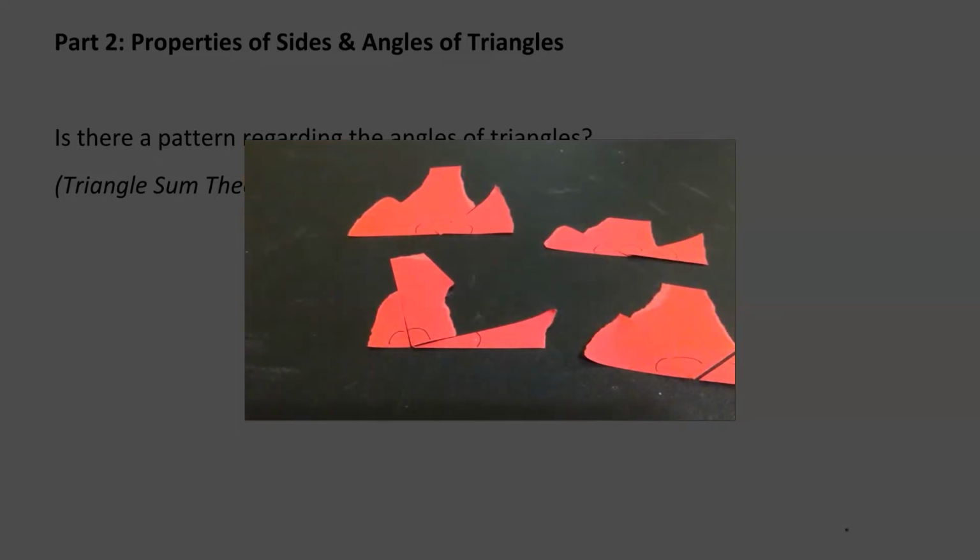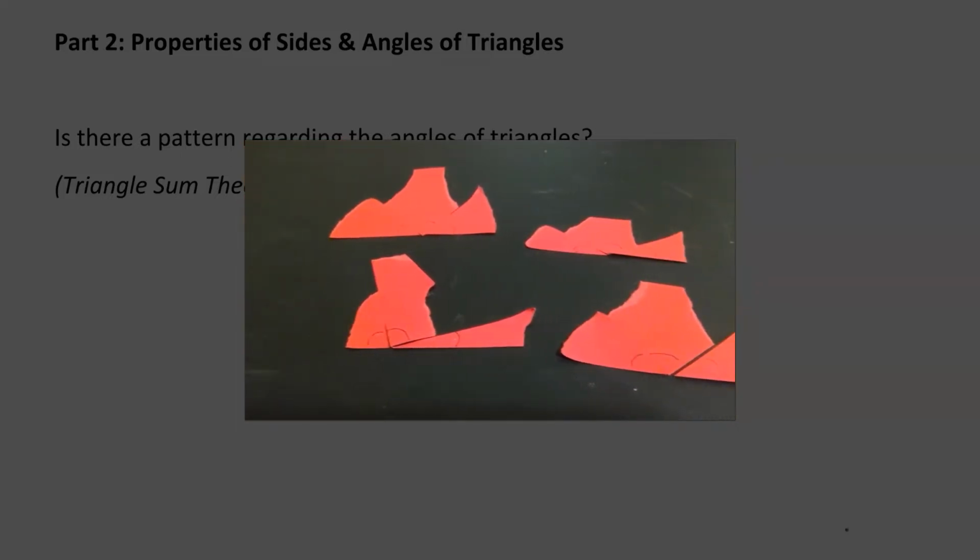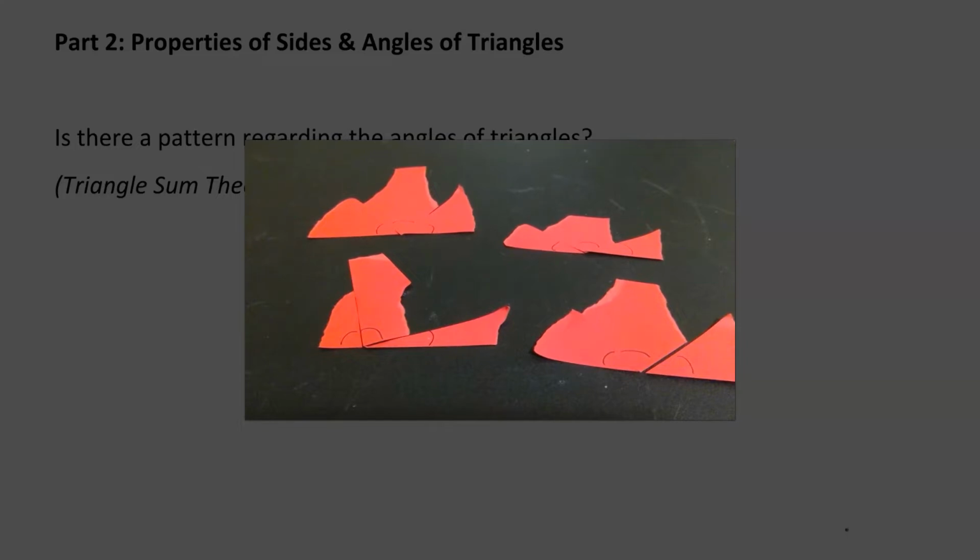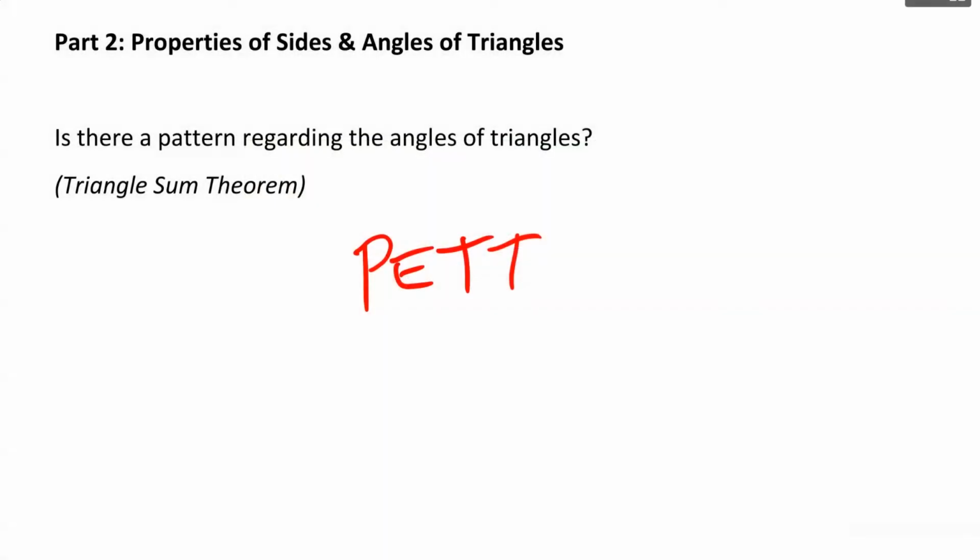And so what we can see is that for any triangle, it doesn't matter what the triangle is, whether it's isosceles, equilateral, scalene, obtuse, right, acute, any triangle, no matter what, if you add up all 3 of the angles together, you do get a sum of 180 degrees. And so that's why they call this the triangle sum theorem.